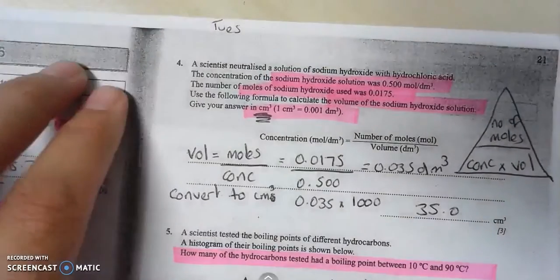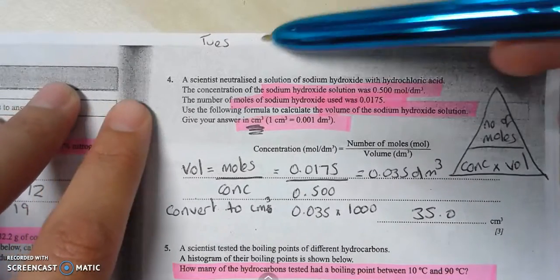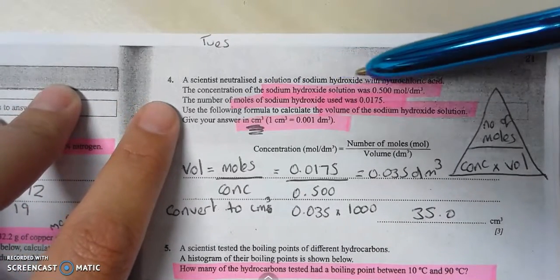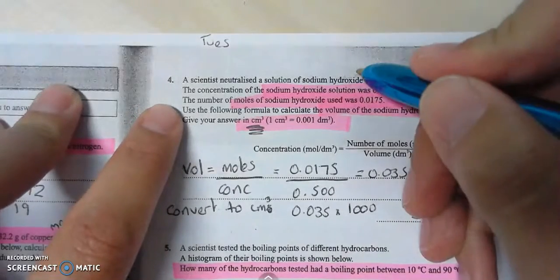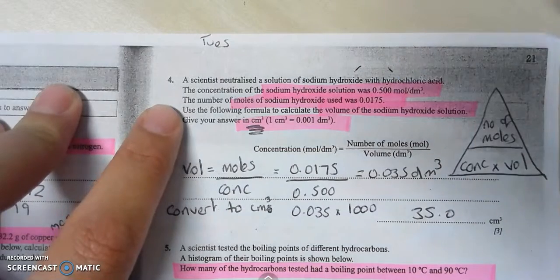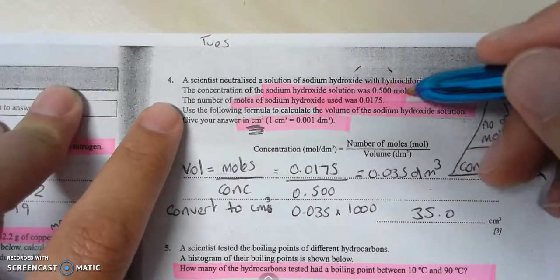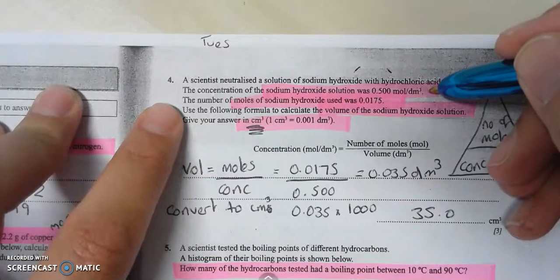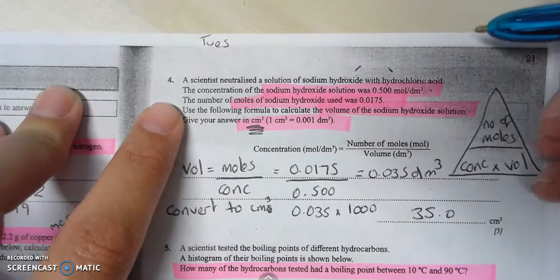Right, question 4. This one is just for higher students only. So, a student neutralised a solution of sodium hydroxide with hydrochloric acid. So really, all I'm looking at here is an acid-alkali reaction. The concentration of the sodium hydroxide solution was 0.500 moles per decimetre cubed. Okay, so I haven't got to do anything there because decimetres cubed is okay.